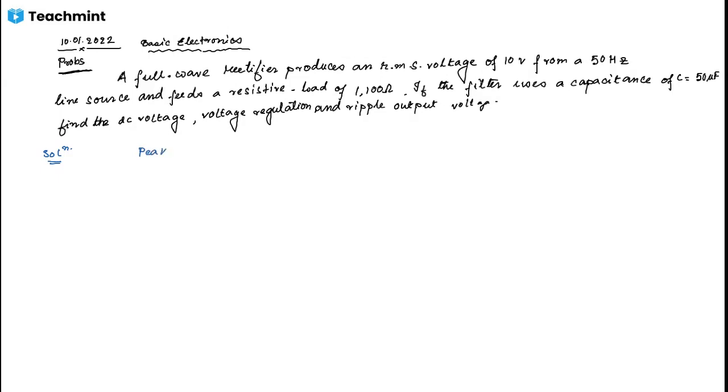So the peak value of voltage across the load is given by VL max equals root 2 into VL RMS.